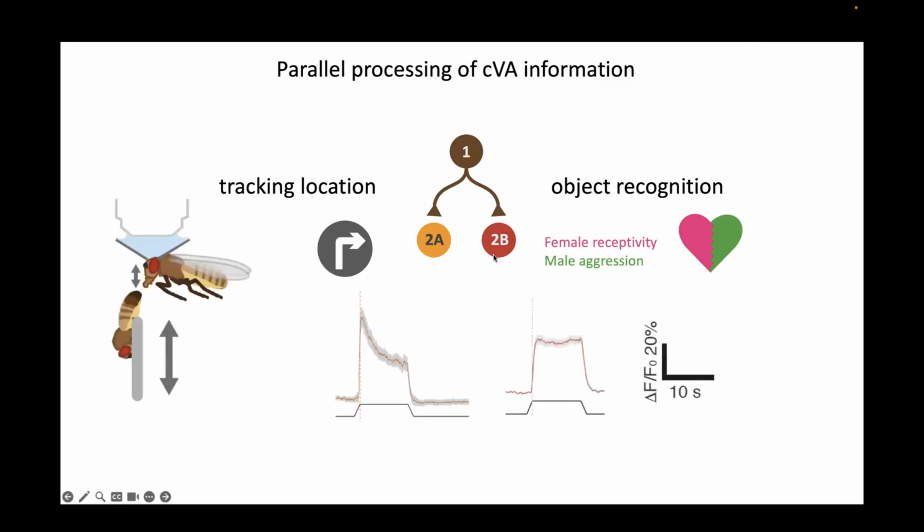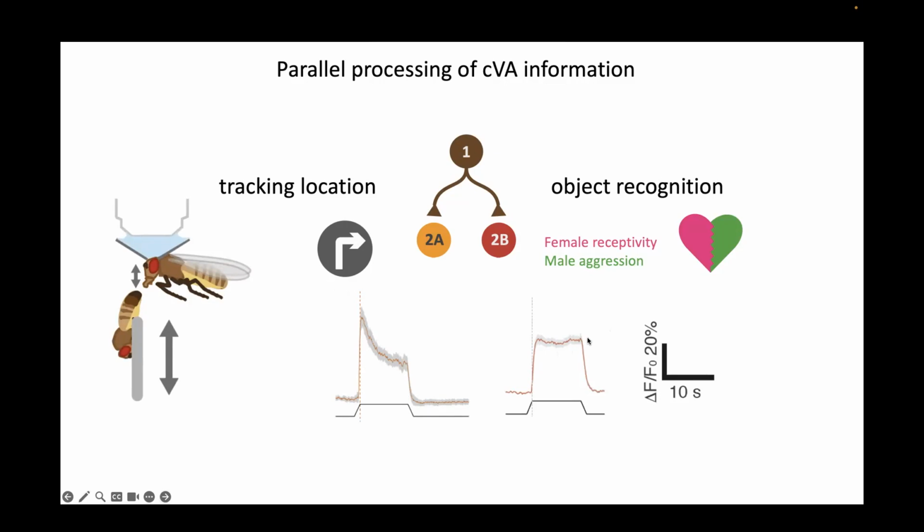And imaging those neurons, we see that the activity in 2A neurons has an on response, so it's phasic, whereas the 2B neurons have a sustained response. And this is not atypical for PNs to be responsive for 10 seconds. So here we put the male next to the female for 10 seconds, and the response of the neurons stays on all the time.